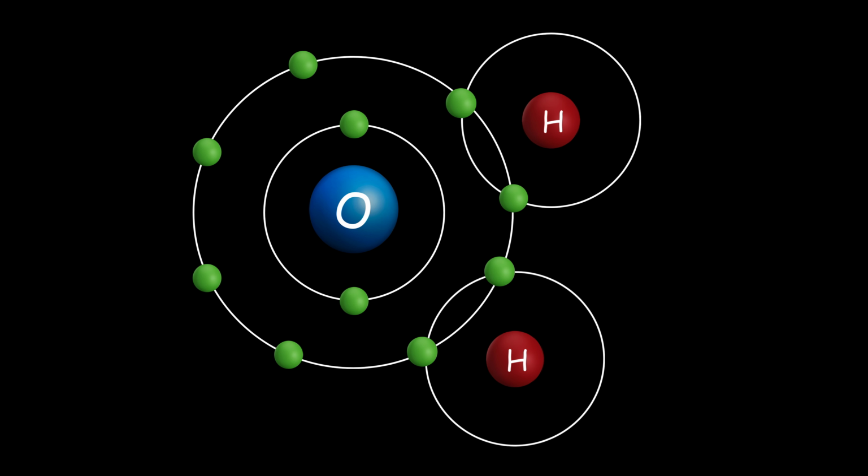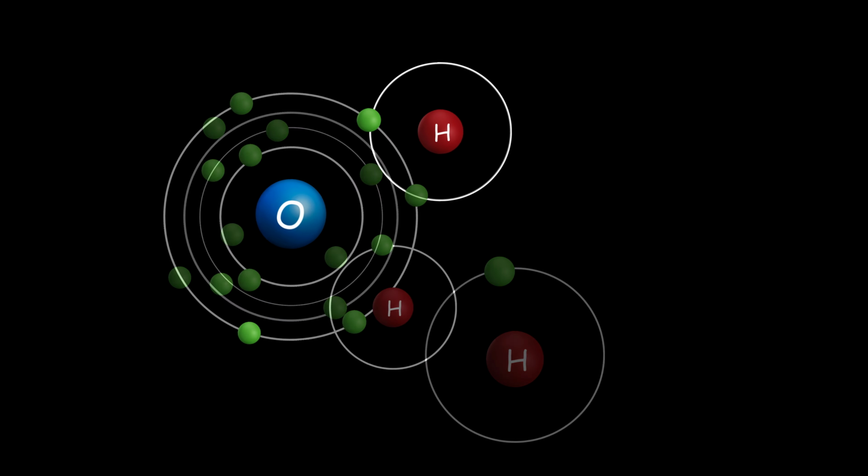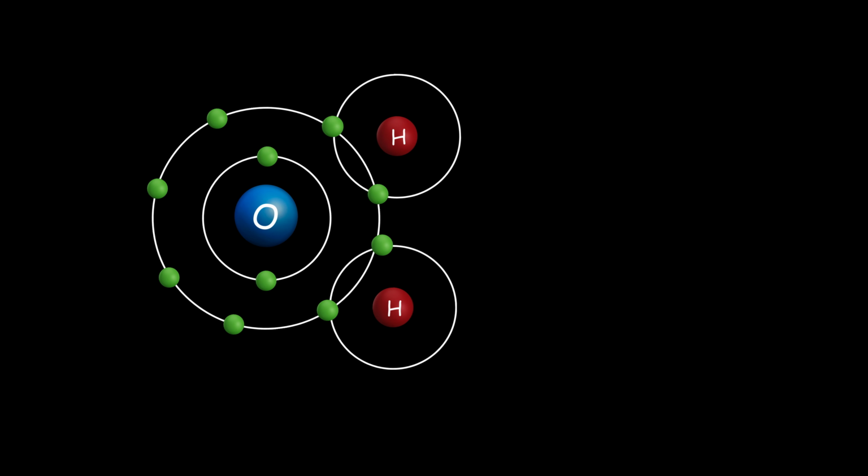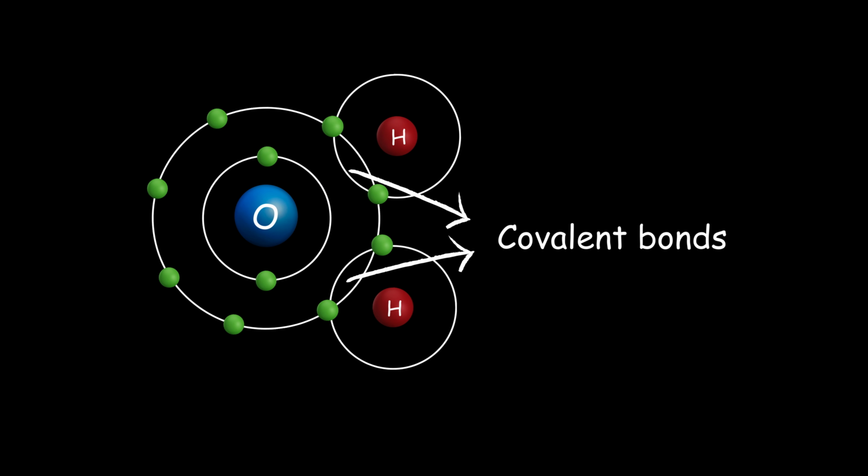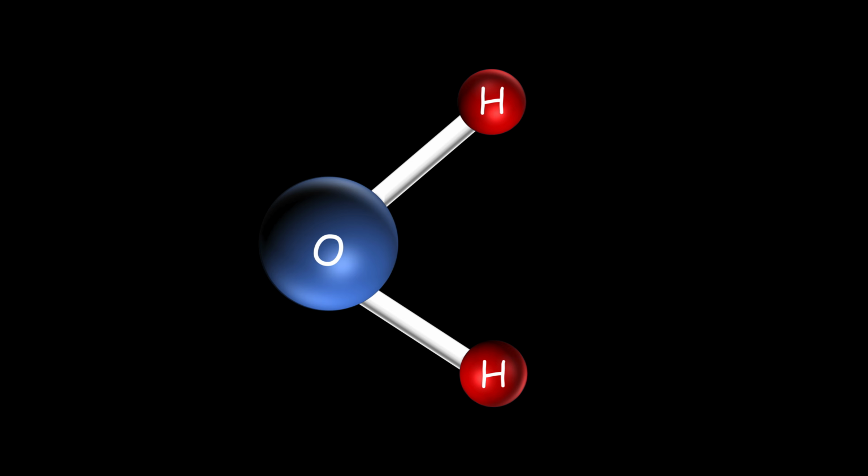Finally, oxygen shares 2 of its electrons, one with each of the hydrogen atoms. The bond thus formed between them while they are sharing electrons like this is called the covalent bond. Hence, we get a water molecule that is made up of 2 hydrogen and 1 oxygen atoms. The hydrogens are attached to the oxygen atom at a 104.5 degree bond angle as shown here.